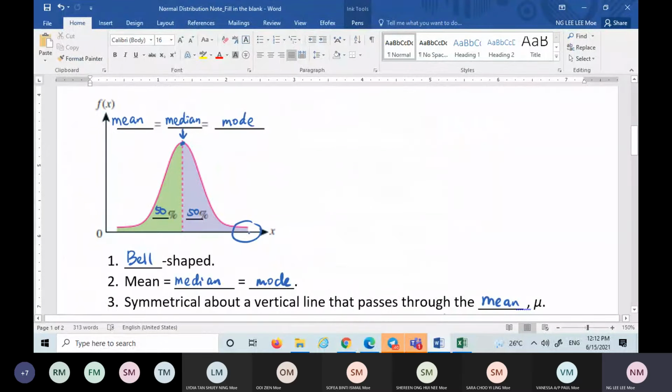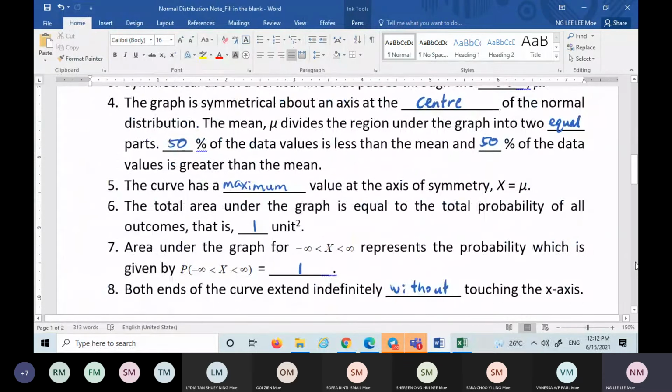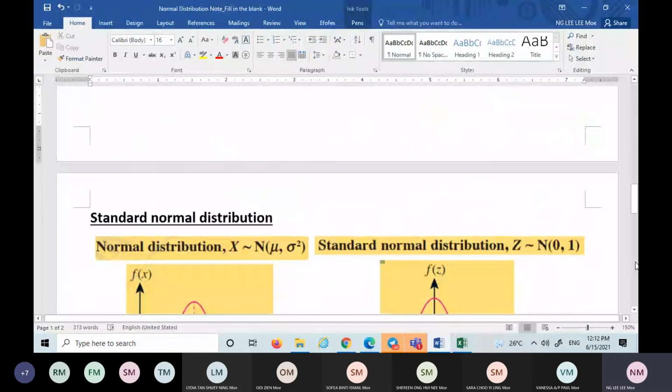Actually, the graph didn't touch the x-axis. Both sides are the same. No matter how much you extend, the graph shouldn't touch the x-axis on both sides. This is the meaning of without touching the x-axis. So this is for the normal distribution graph.